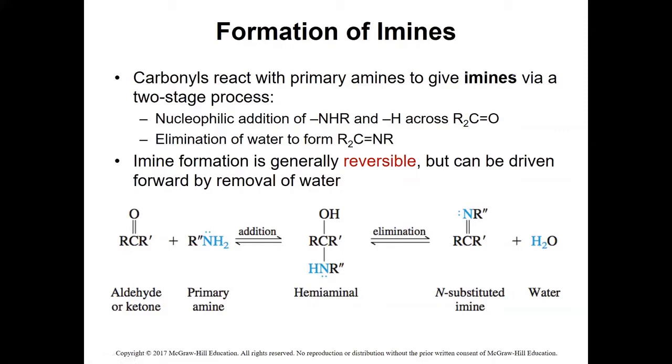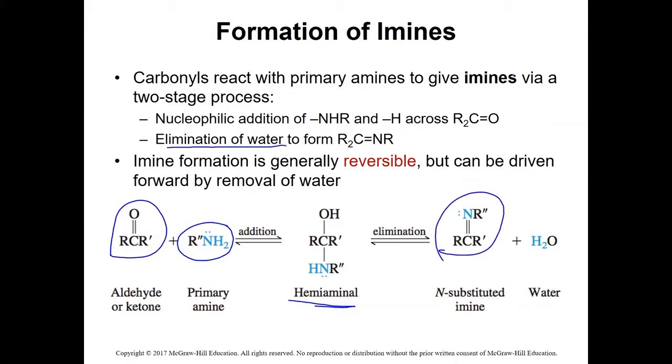If we start with an amine and add it to our carbonyl instead of an alcohol, we get a very similar hemi-aminal intermediate, similar to our hemi-acetal or hemi-ketal. The only difference is that instead of producing our acetal or ketal, we actually eliminate water and we end up forming a nitrogen-carbon double bond.